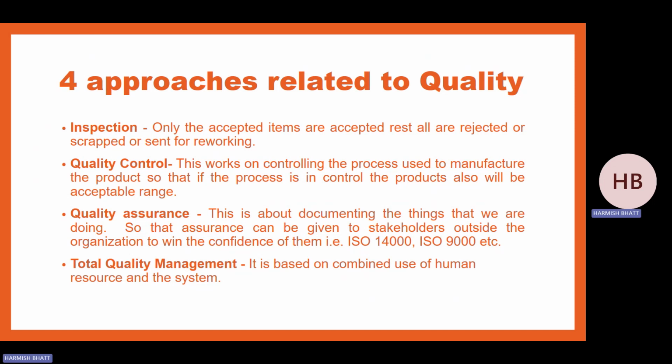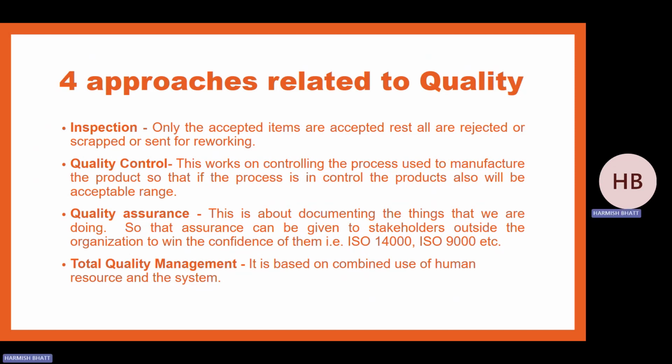So first of all, let us understand inspection. Inspection is the process where only the accepted items are accepted and the rest are either rejected, scrapped, or sent for reworking.